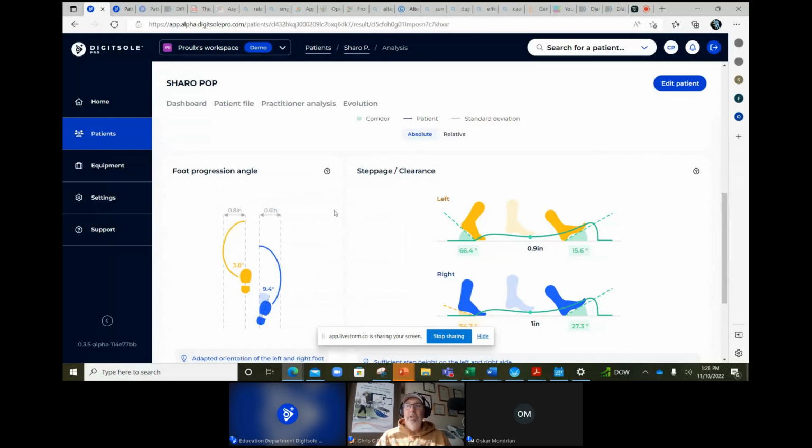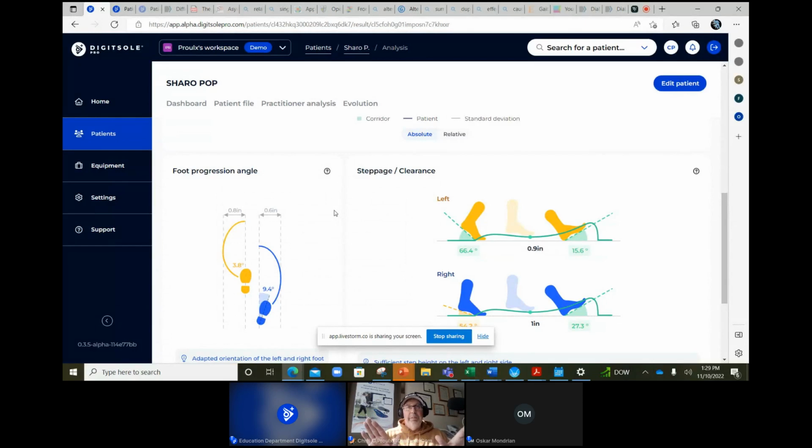When we look at what's considered normal gait, a better term would be ideal gait. Most of us would agree that the ideal foot progression angle is probably somewhere between 3 and maybe 8 degrees.